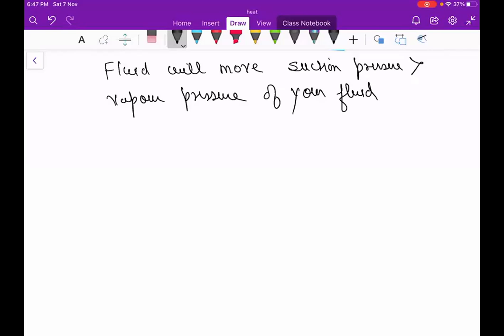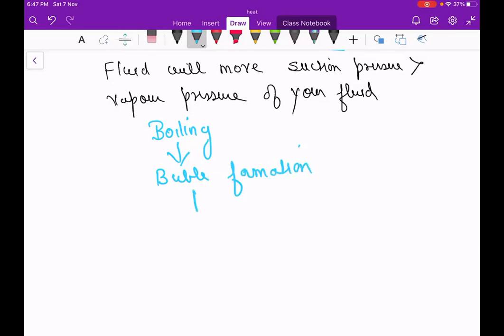Boiling. Very good. Boiling will happen. So what will happen if boiling happens? Bubble formation. Very good. So what will happen if bubble formation happens? Cavitation will occur.